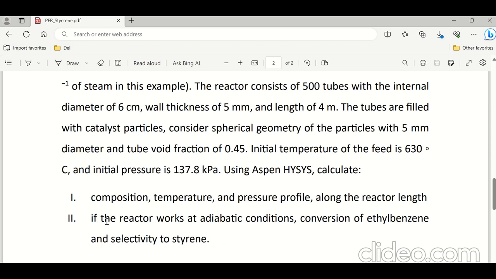We are also asked to calculate the conversion of ethylbenzene and selectivity of styrene if the reactor is working at adiabatic conditions.